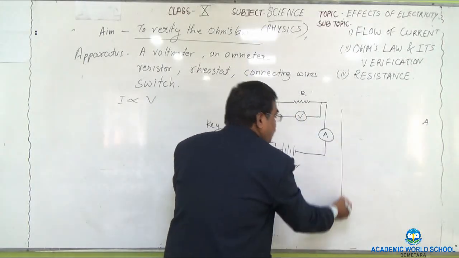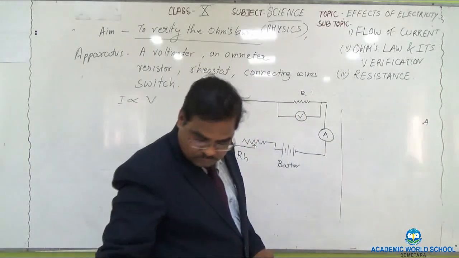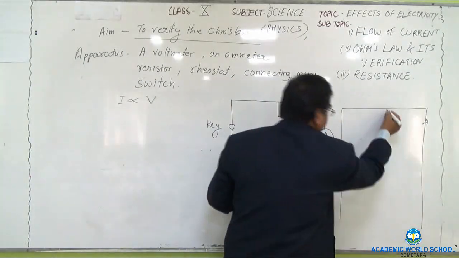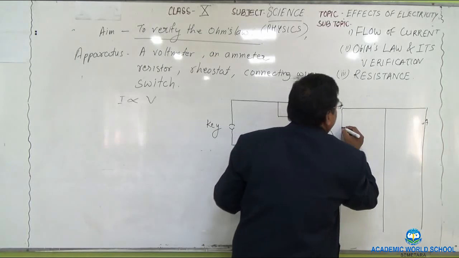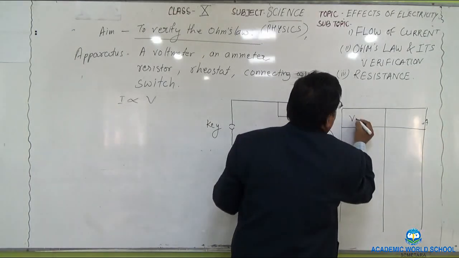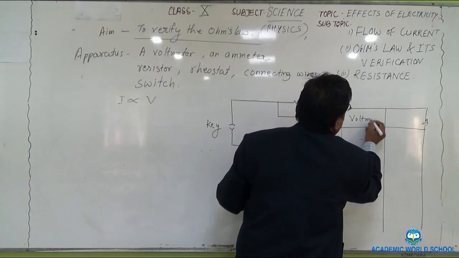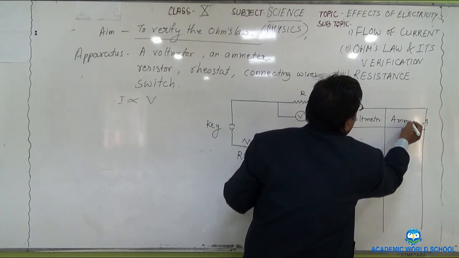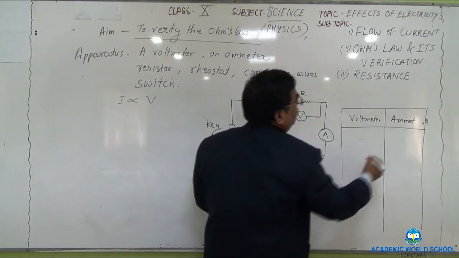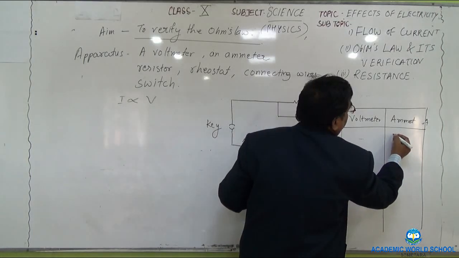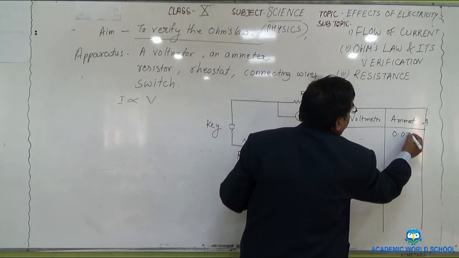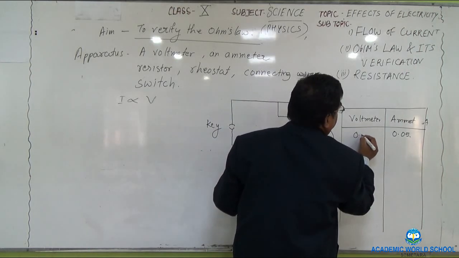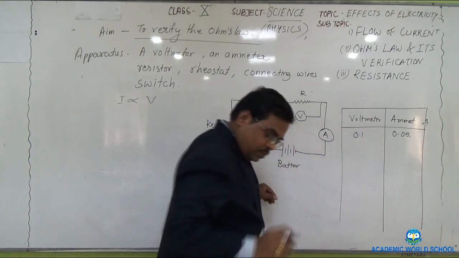Draw one table. This is 50 milliampere and here the voltmeter reading is 0.1.